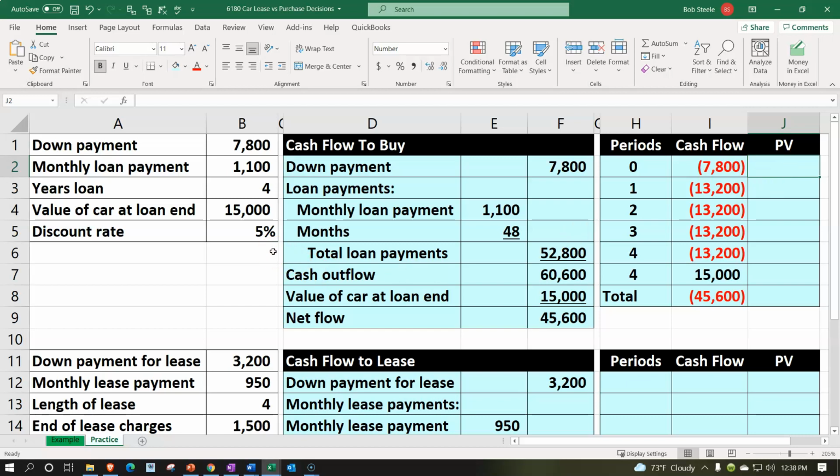Now, when you use the 5%, inflation might be between like 1 and 5. And then you're also using basically your opportunity cost in the consideration of what the percent would be, meaning what else could I be doing with my money to get a return on it? In other words, if I wasn't purchasing the car, if I had the money, could I be putting it somewhere else and getting a return of, say, 5%?